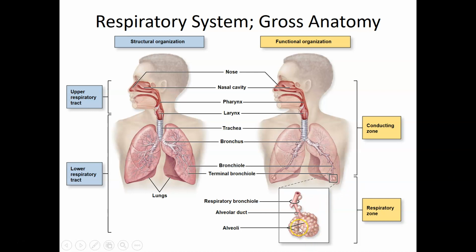Most alveoli are clustered into what are called alveolar sacs. But there are also scattered alveoli along tubes, including the alveolar duct and the respiratory bronchiole. So that's our organization as we go through the anatomy in this video.